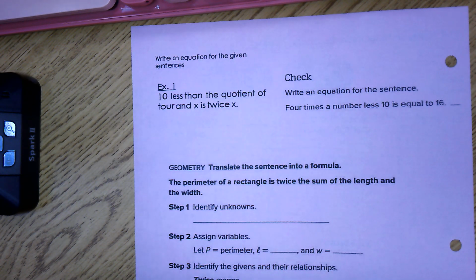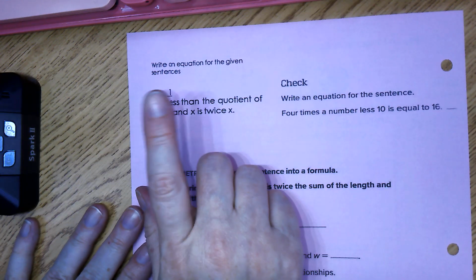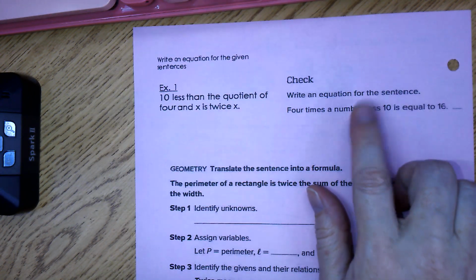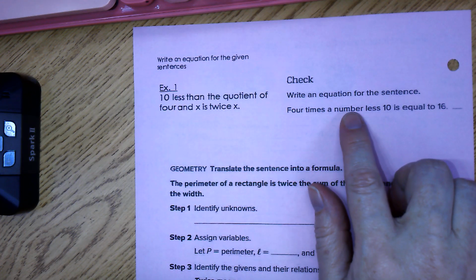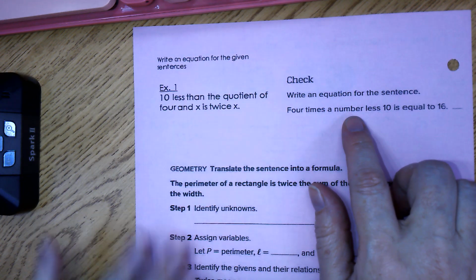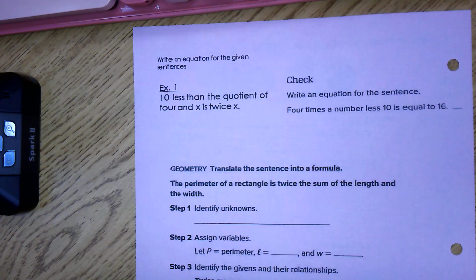I have 3 different classes and we're in 3 different spots in the notes, so I'm going to start on exercise 1. We did the check in some of the classes. Some of y'all did not get to do it with the whiteboard, and that's okay. I'll talk through the answer, and then we'll go through this last example and check on the bottom.